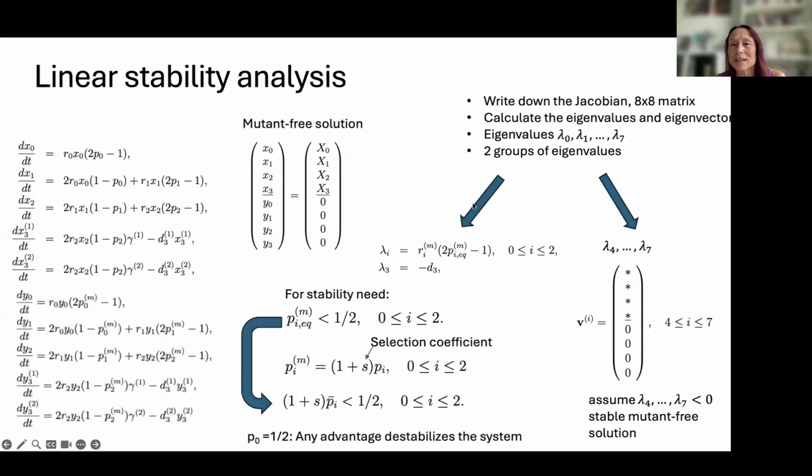And we have two separate groups of eigenvalues. So these eigenvalues have eigenvectors of this shape. So the eigenvectors have an entry corresponding to normal cells, 1, 2, 3, 4, and no entries for the mutant cells.